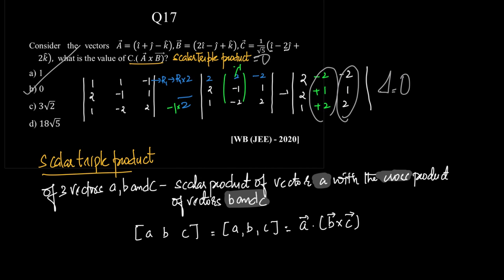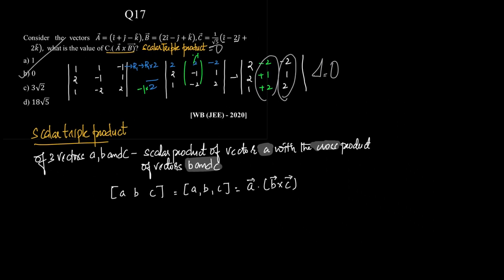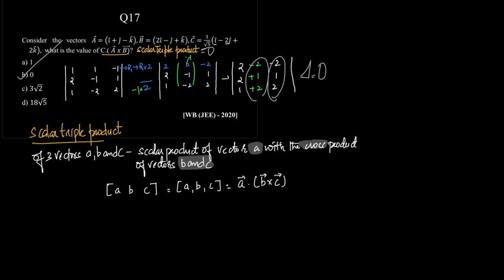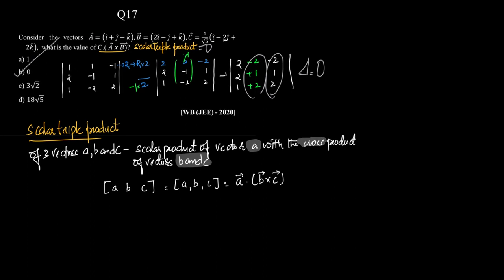Now, a couple of basic identities: the triple product of vectors A, B, C is equal to A dot B cross C, which is also equal to B dot C cross A, which is also equal to C dot A cross B.